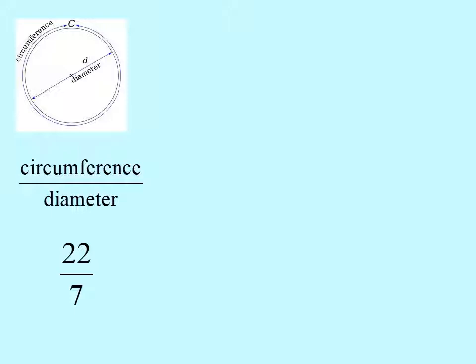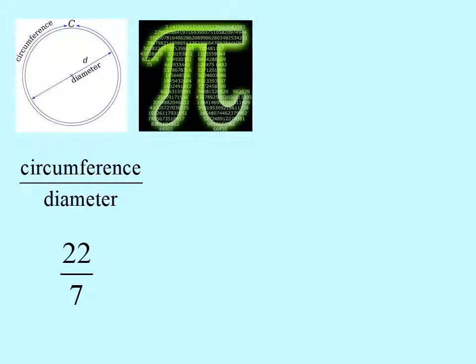And in modern times, we know that that is not exactly what it is. It actually comes out to be a number that we call pi, which is about 3.14, but which is a non-ending, non-repeating decimal. That is not a rational number.